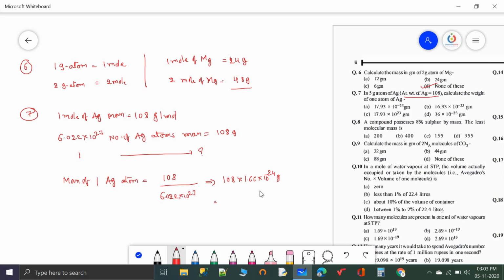If you do the calculation, you will get 17.93 into 10 power minus 23 grams. So option A is correct.